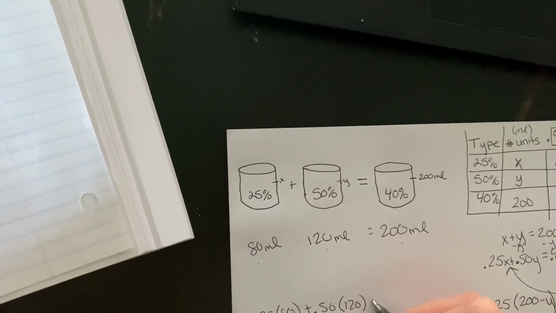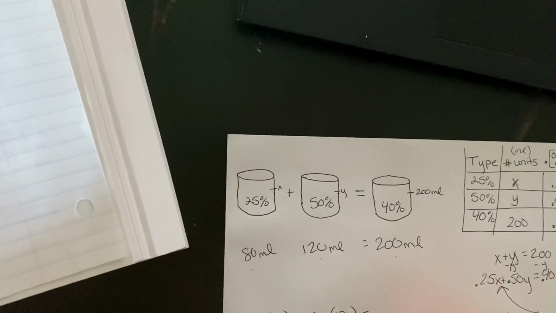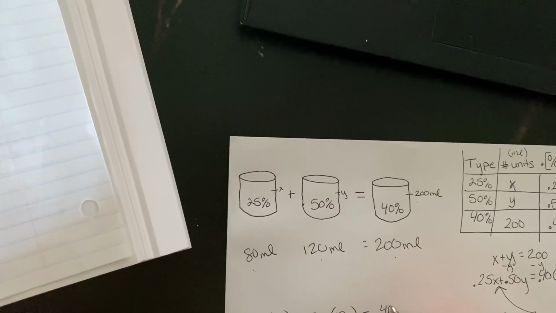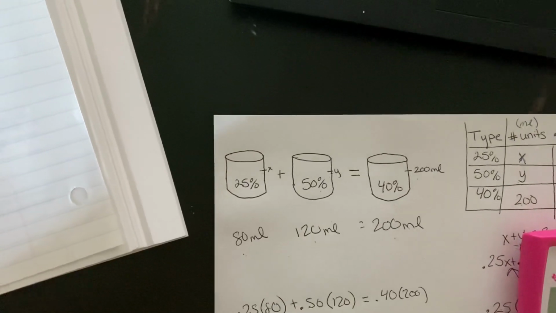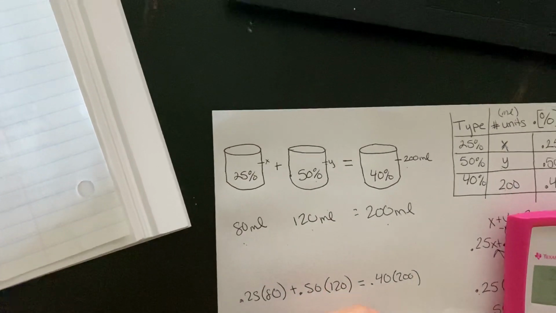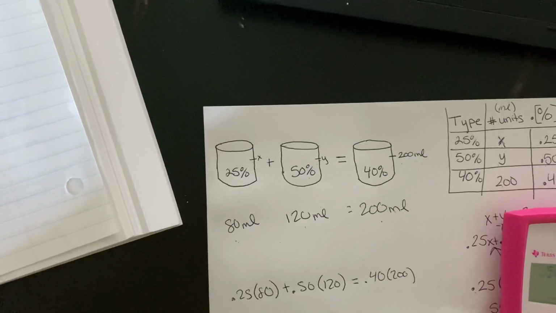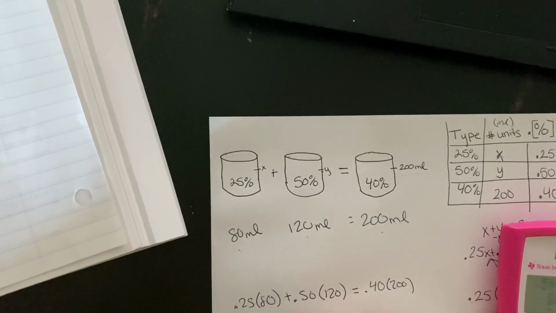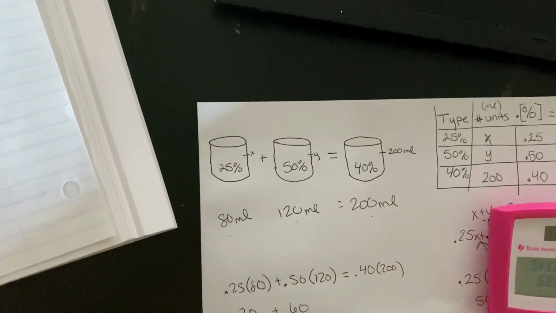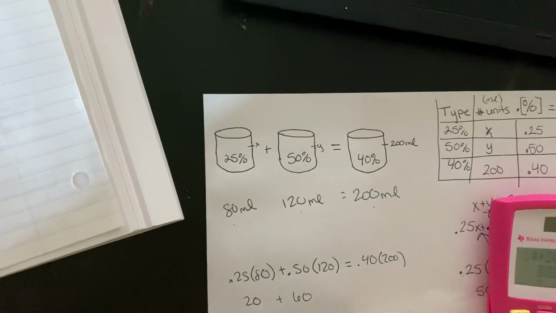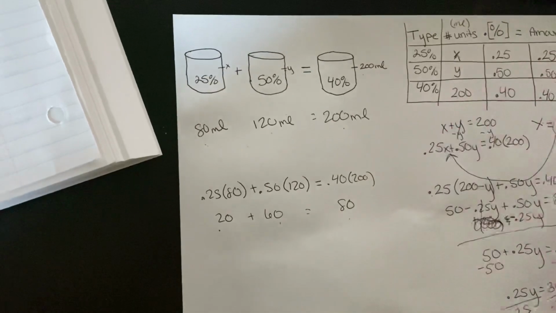Is that equal to 0.40 times 200? So 0.25 times 80 equals 20, and 0.50 times 120 equals 60. 0.40 times 200 equals 80. So yes, 20 plus 60 equals 80. So our answer checks out.